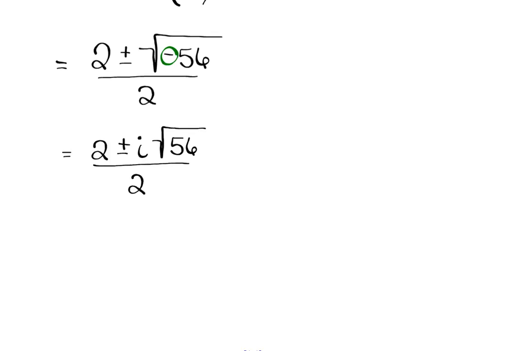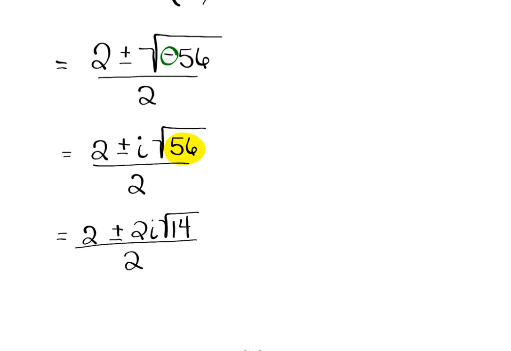I'm going to simplify this. I can use my calculator to simplify the square root of 56, just not the negative square root of 56. So once I do this, I get 2 plus or minus 2i square root of 14 over 2.